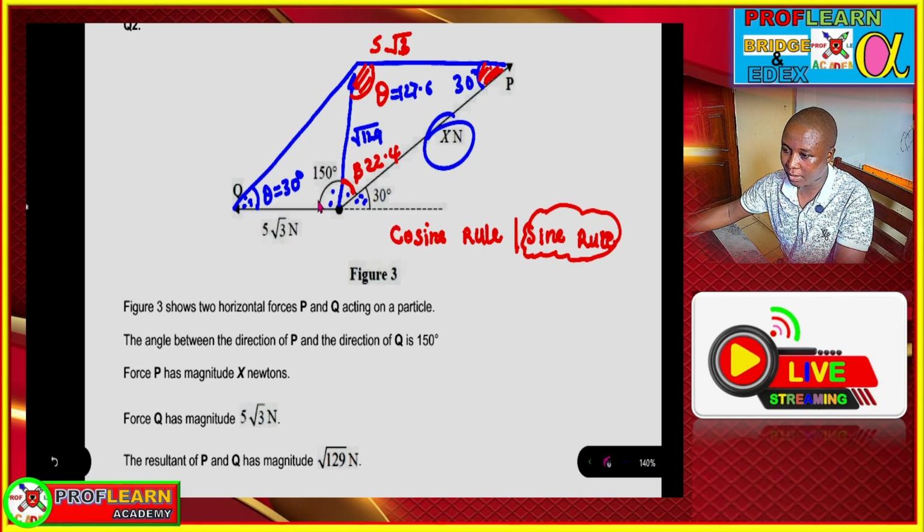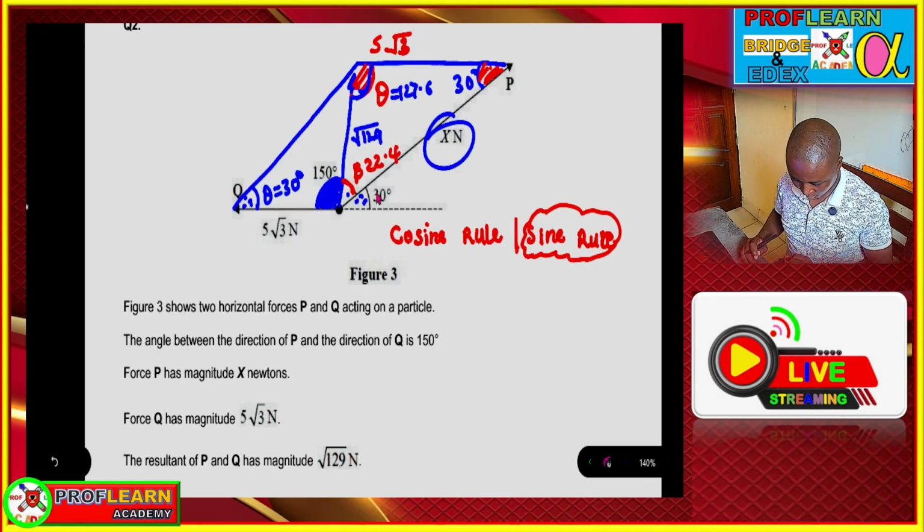So if we have this angle here as 127, the best way to work it out is to consider this angle that we have here. To find this angle, we can say 180 minus 22.4 minus 30.